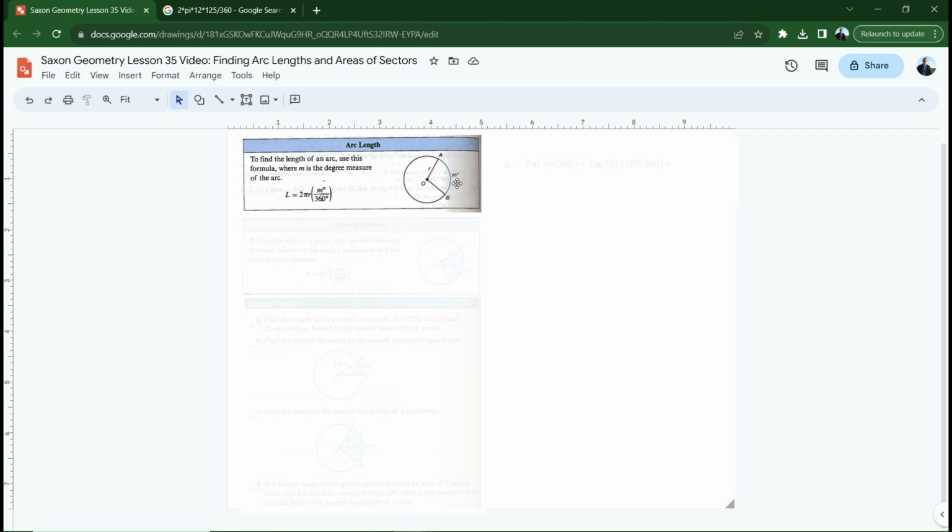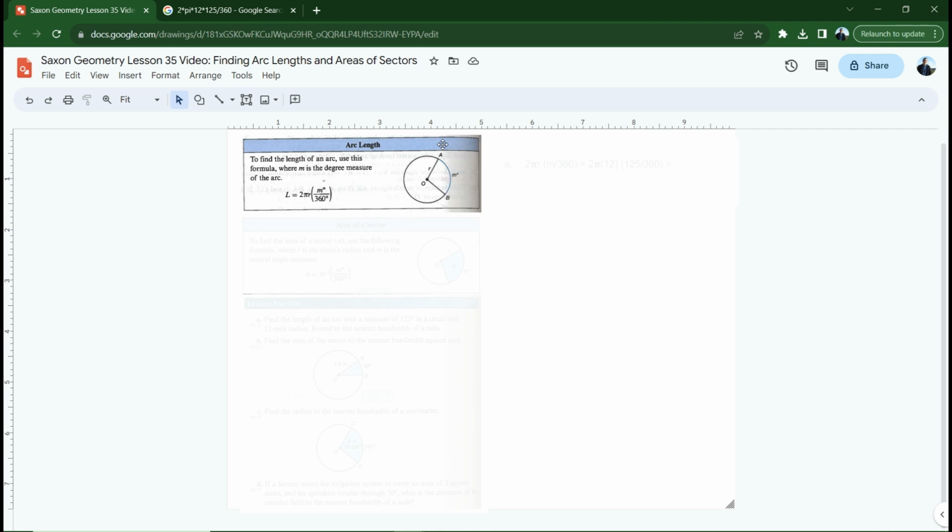This small arc has a degree measure of m degrees. Now, those m degrees are a portion of the entire circle. The entire circle will be 360 degrees. So when I'm looking at this arc, this is a fraction of the arc length around the entire circle. And I know the circumference around the entire circle is 2 pi r.